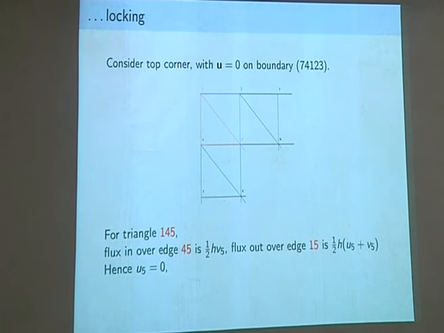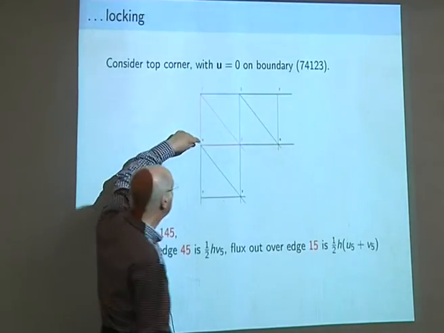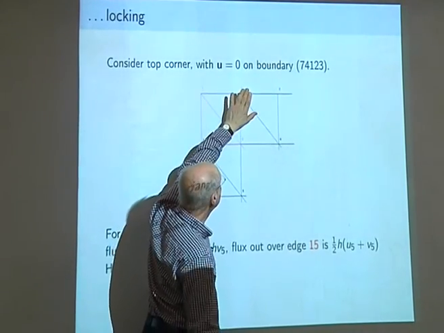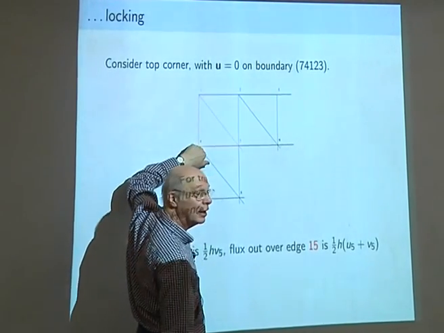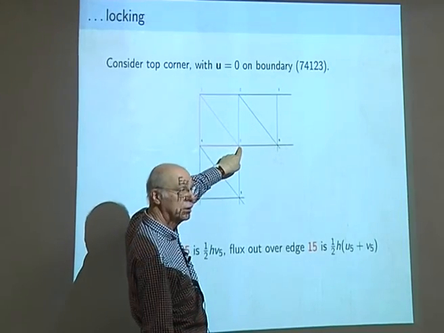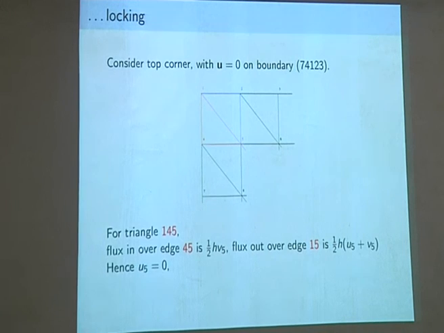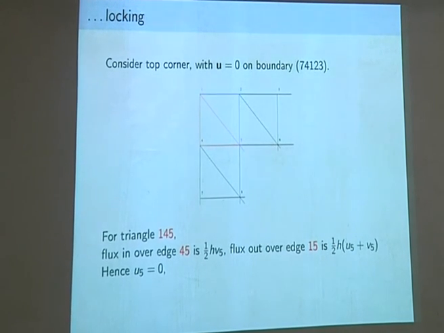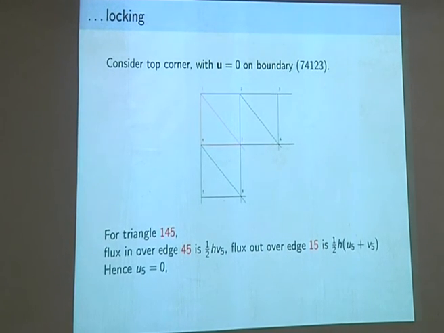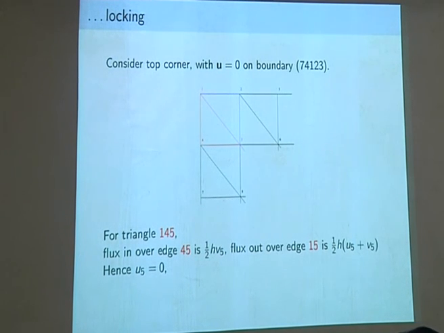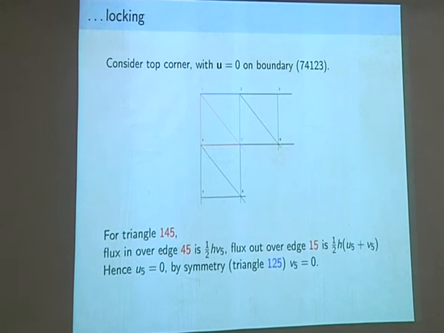You can only satisfy the incompressibility condition given the no slip. I'm saying this is the outer boundary and there's no velocity on the outer boundary there. I've deduced there's no vertical velocity there. If I look at the blue triangle, it's just a matter of mirror symmetry around 45 degrees, and you'll make the deduction that v5 is 0.